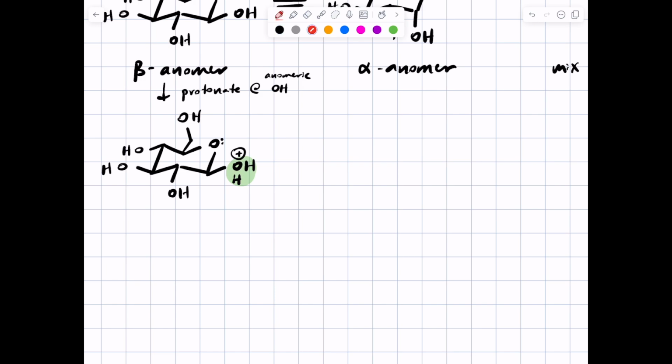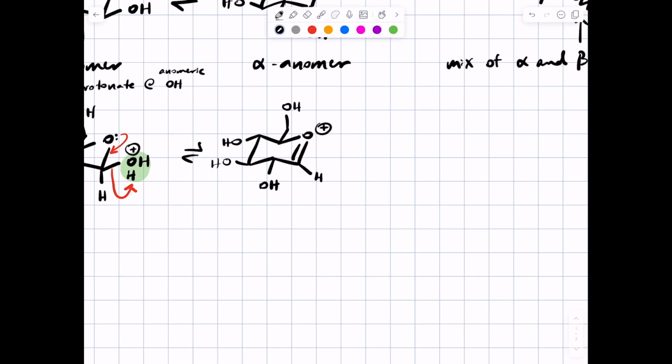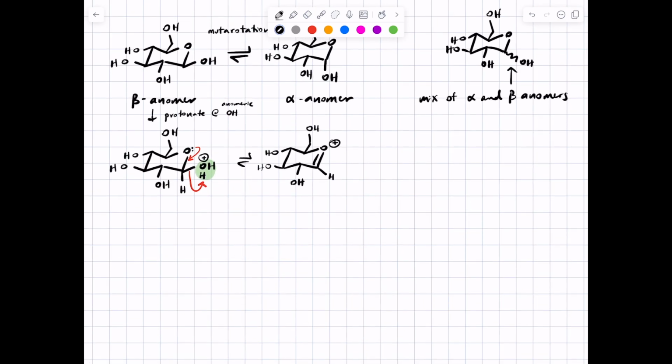Then electrons on the nearby neutral oxygen can kick down and kick off water as a leaving group. And that will generate this oxonium ion. It may be helpful here to draw in the hydrogen that's implied but not shown.